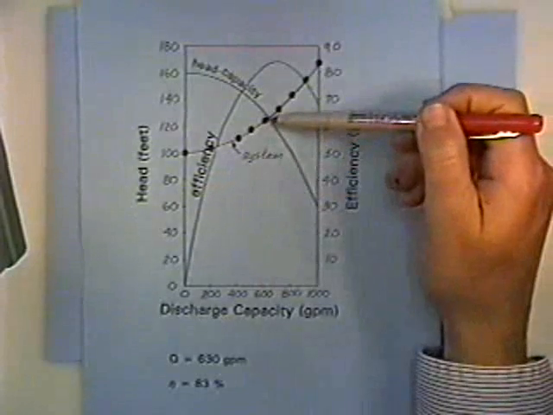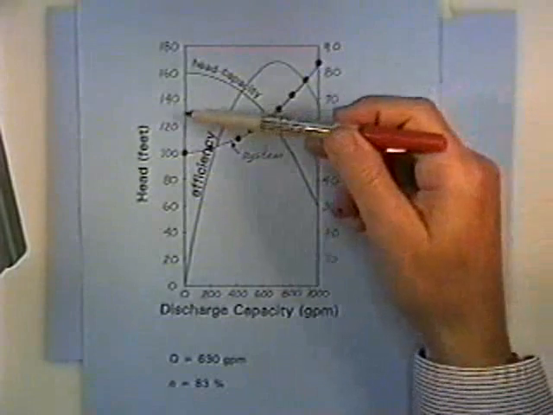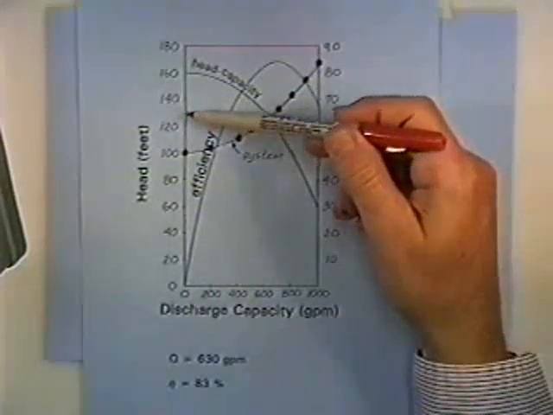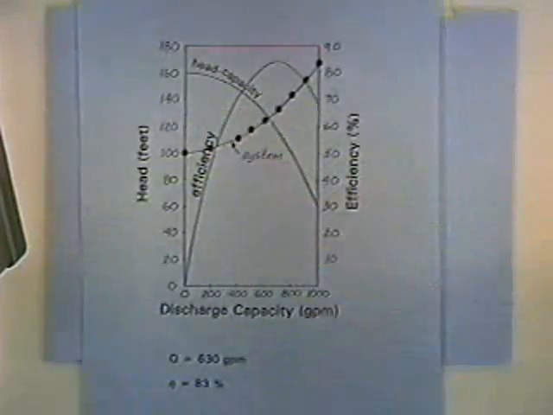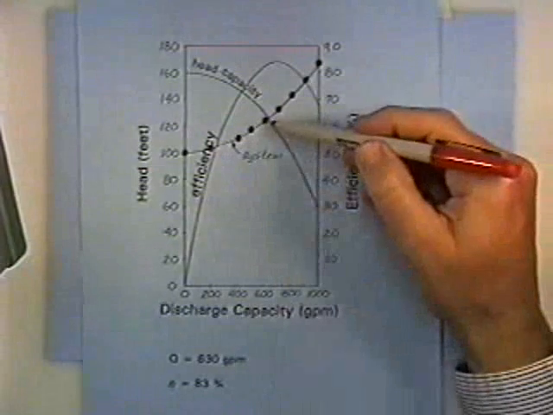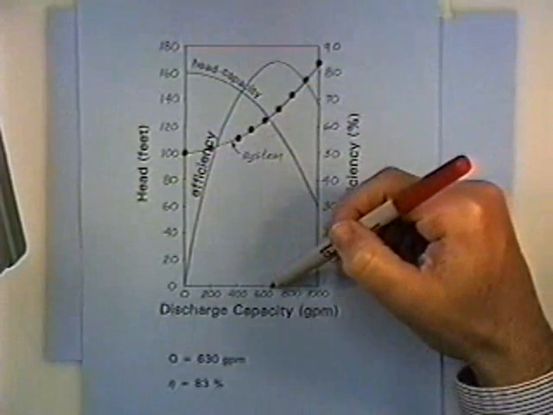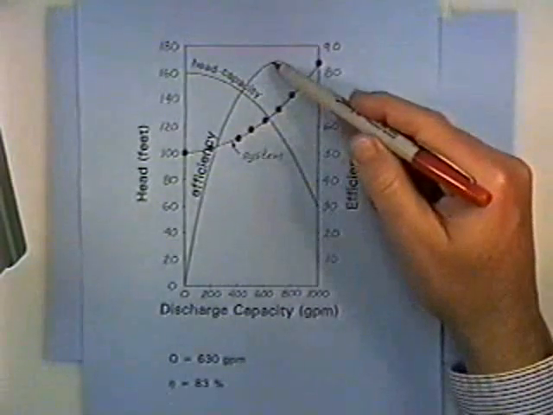If we want to know the head at that discharge rate, we can read across here, and it reads off to whatever it reads off to be here. Looks like about 120 feet. Now, we want to know the efficiency. Let's see, the flow is 630 something, and so we read up there, and as it turned out, it's pretty close to the best efficiency point.